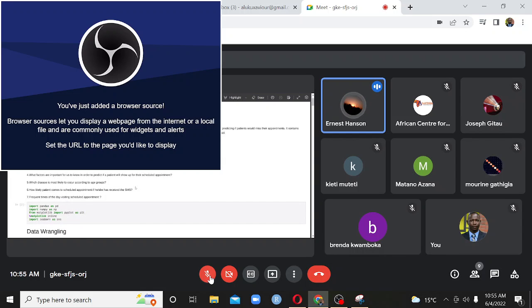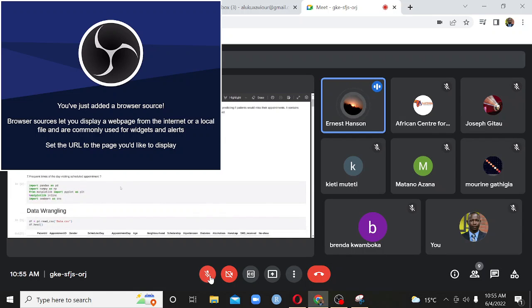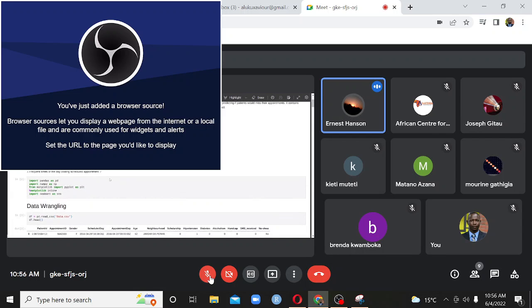Which diseases are likely to occur per age group, and how likely the people who received the SMS were to show up for their appointment. We can also see the frequency, day and time they showed up for the appointment.